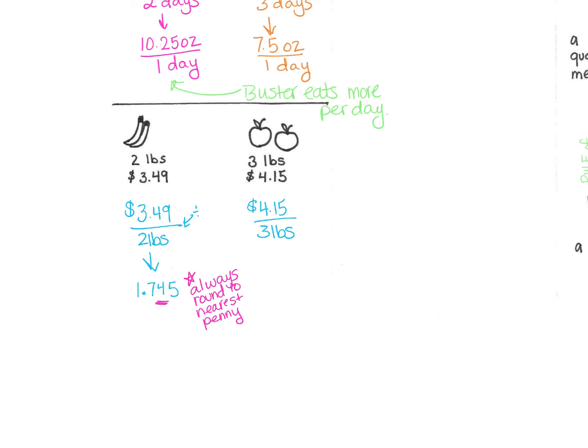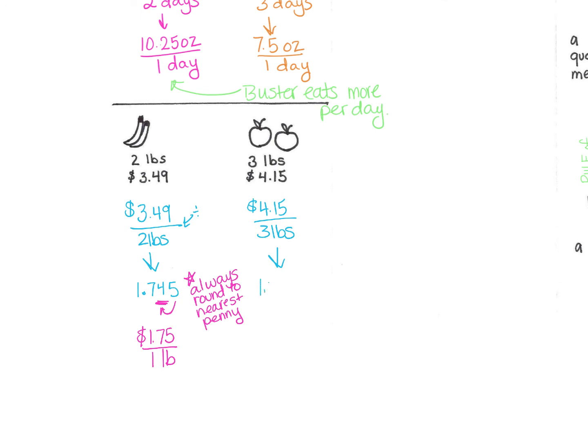So in this case, when you're rounding to the hundredths place, you're going to look next door to the right, and it's a 5. 5 or above, you're going to round up. So this becomes $1.75 per 1 pound.